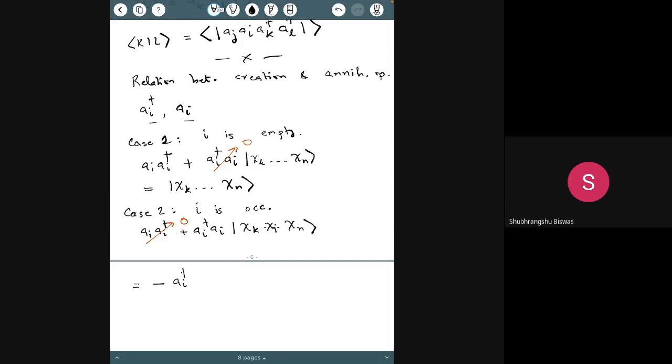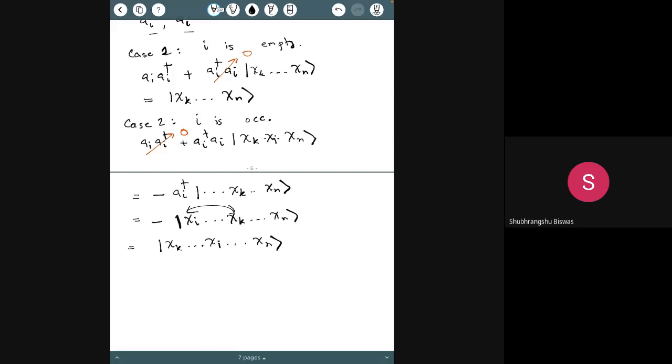Then you have A_I dagger, and A_I has destroyed chi I after bringing it to the first position. And now again, I am creating chi I. But the position of I and k are interchanged relative to the original determinant, so this sign will again go away if I want to go back to the original determinant.